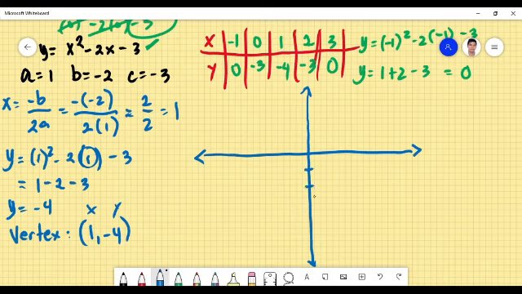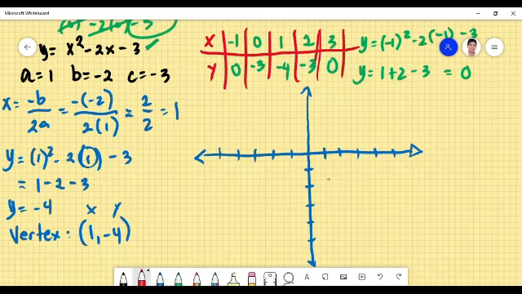So, 1, 2, 3, 4, 5. Tapos dito hanggang 3. Or, sobra na natin. And then, dito sa kabila. Ayan. So, unahin natin graph yung vertex. 1, negative 4. So, that is located here.